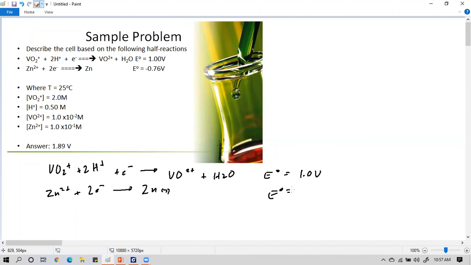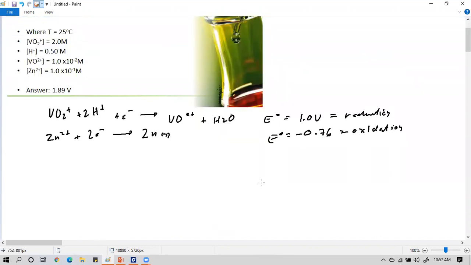E naught is equal to negative 0.76 volts. So ito ay reduction, ito ay oxidation. Sir, bakit po oxidation? Kasi nga, negative, mas lower yung kanyang standard reduction potential. So, dapat ang supposedly reaction niya is in reverse.